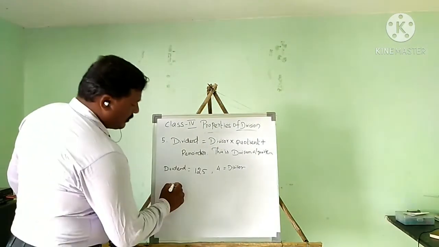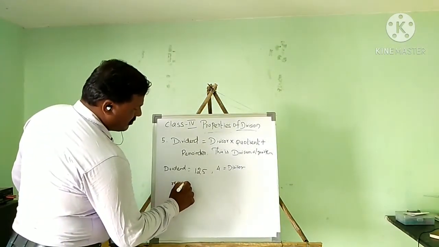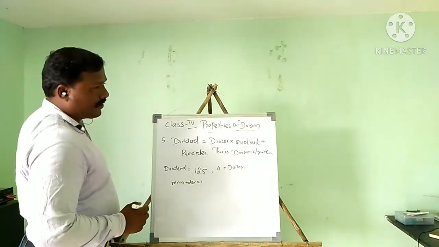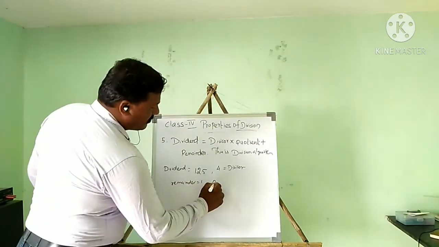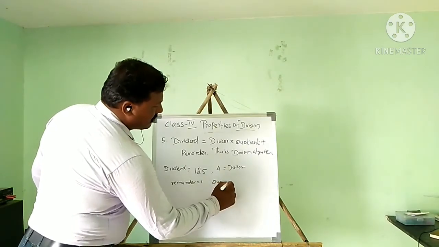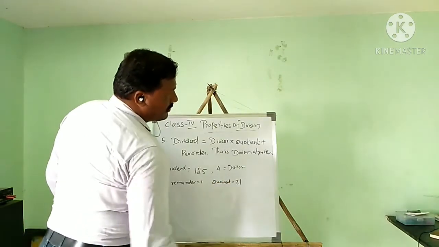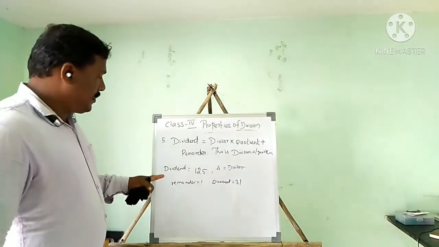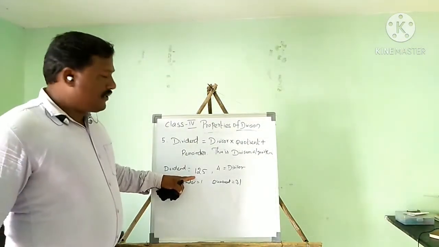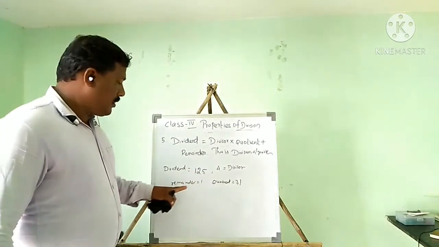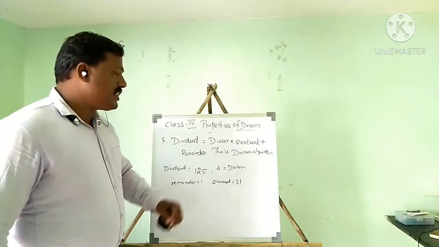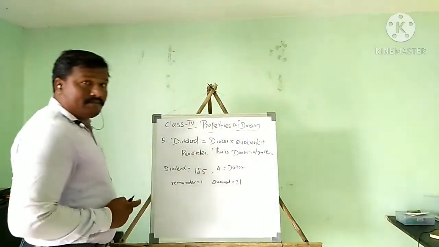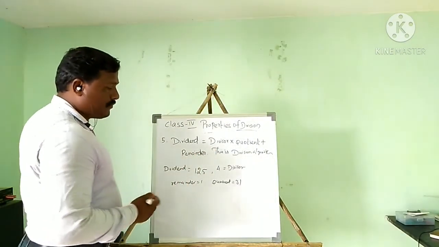Remainder is equal to 1. Quotient is equal to 31. See, dividend is 125, divisor is 4, remainder is 1, quotient is 31. Now, as per the algorithm, let me check. 125 is the dividend.